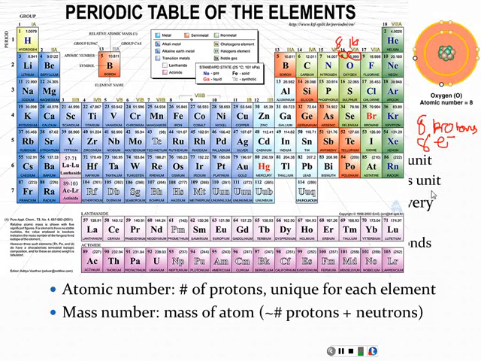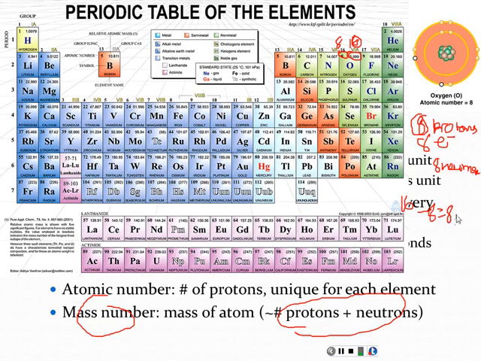Also 8. And how do we get that? Well, we look at the mass number, right? The mass number here is 16, and remember, the mass number is the amount of protons and neutrons together. We know that there are 8 protons here, so minus 8, we have 8 left. So this is the 8 neutrons.